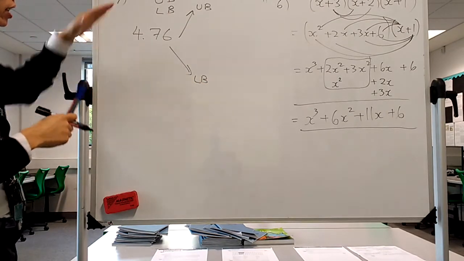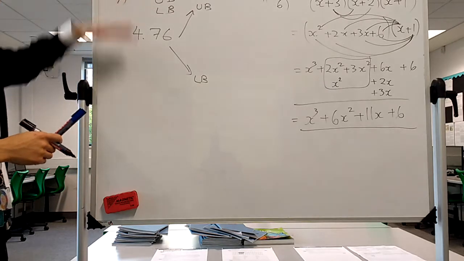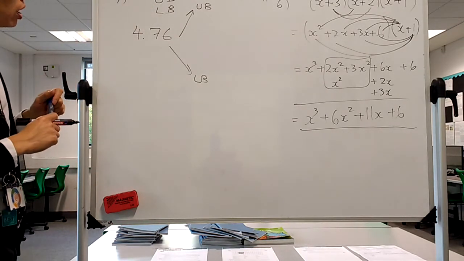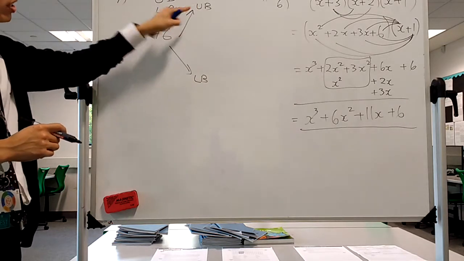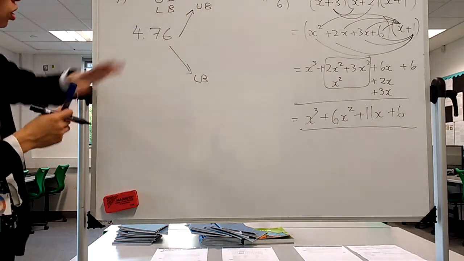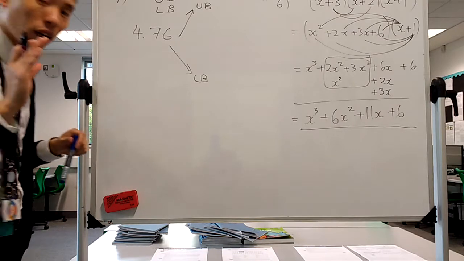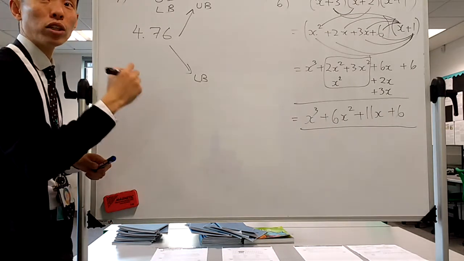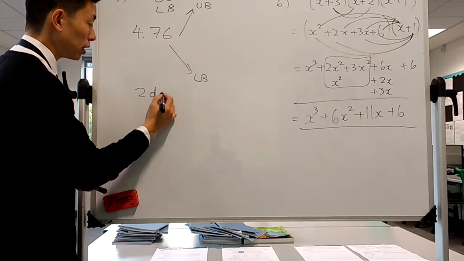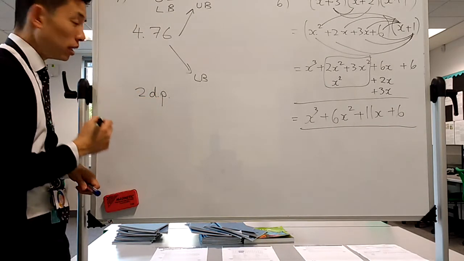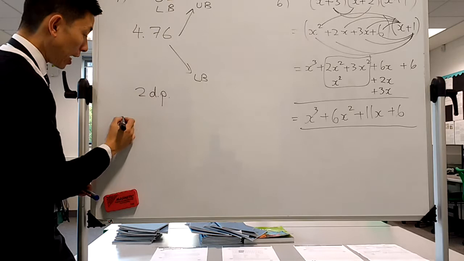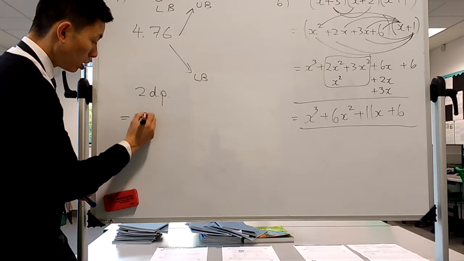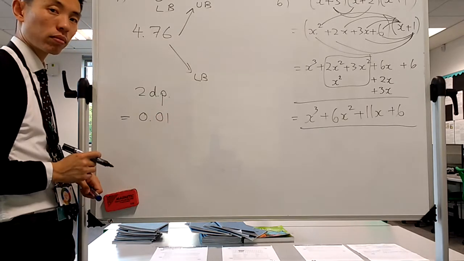So there is an error. What's the maximum error and the minimum error? The question is, how big a range do I shift? To crack this problem, it lies on the information that says 2 decimal places. That means the accuracy is actually 0.01.